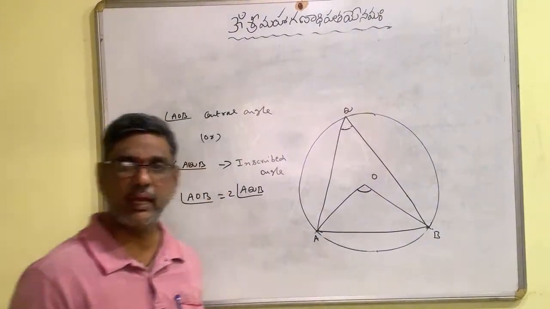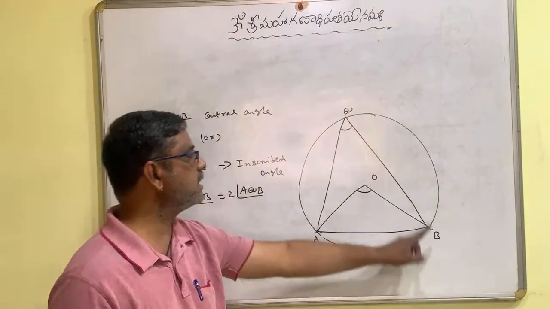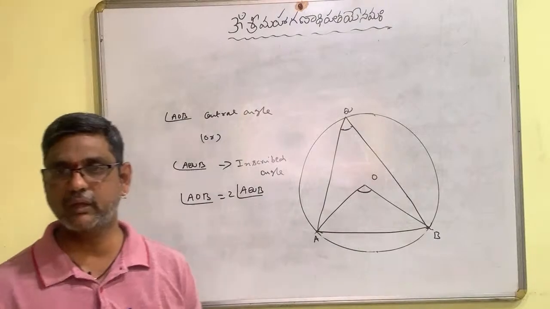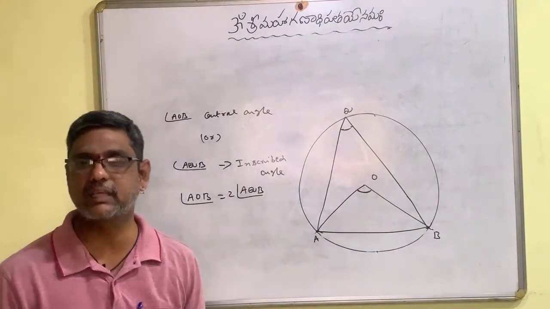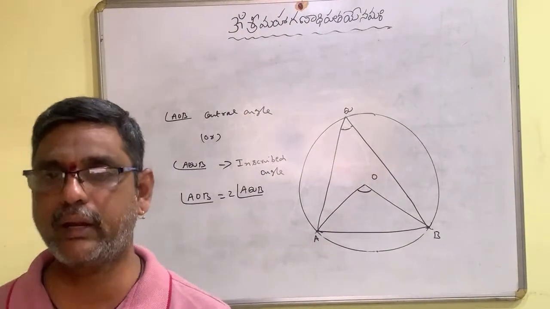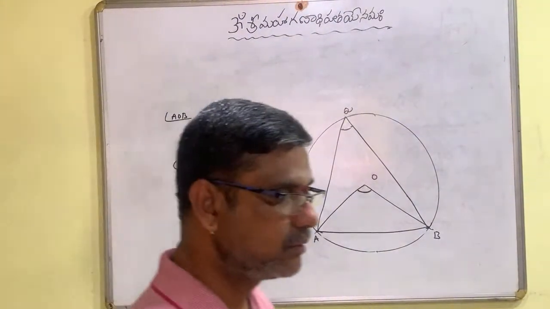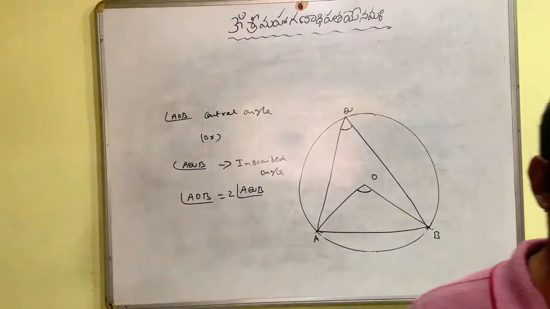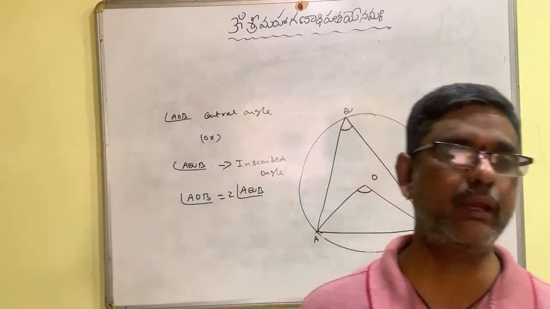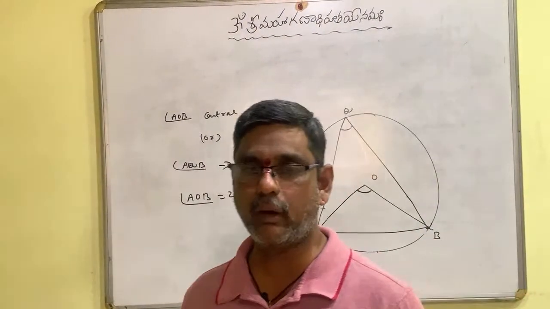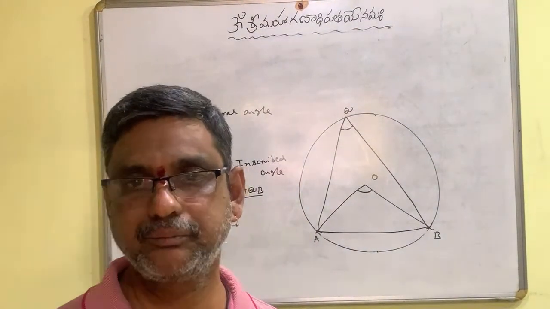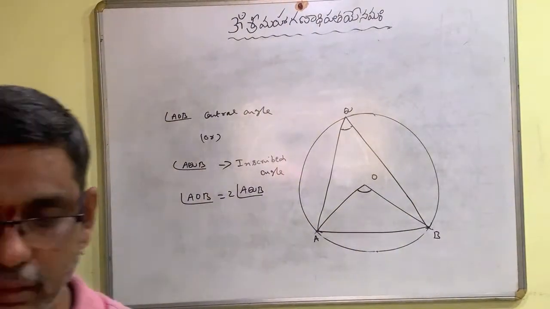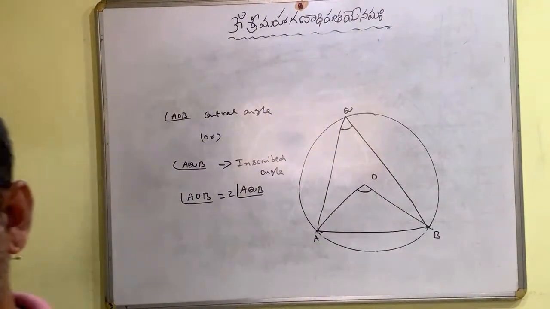AOB is called the central angle, AQB is called the inscribed angle. This is a very, very important property which we use for solving problems in the 9.3 exercise. Is that okay, children?